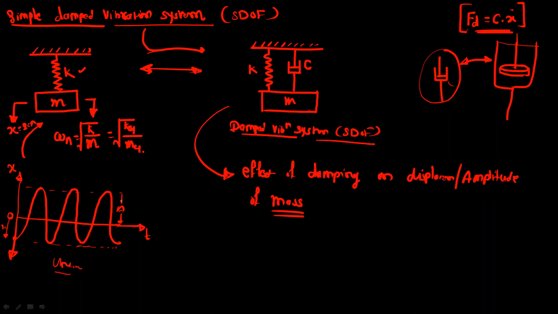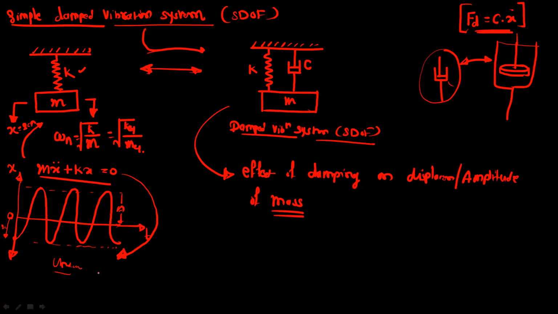So for such type of waveform, we have one equation. Its equation of motion is like this: m x double dot plus k x is equal to 0. This is called the equation of motion for the undamped single degree of freedom system. From this equation of motion, we calculate the equation of displacement, that means the equation of this waveform.